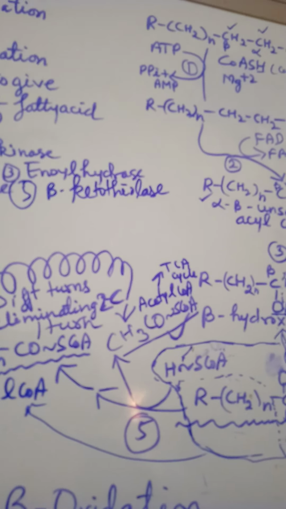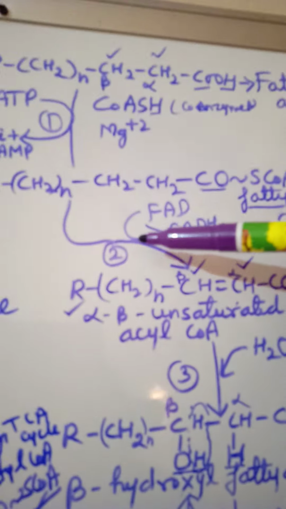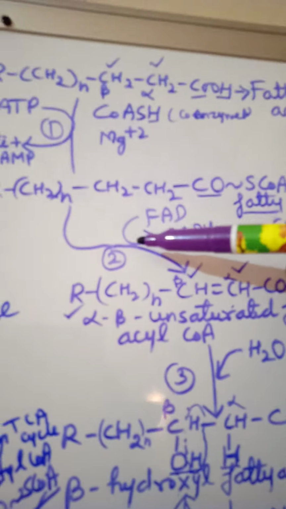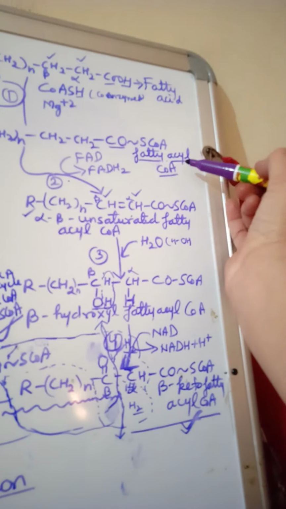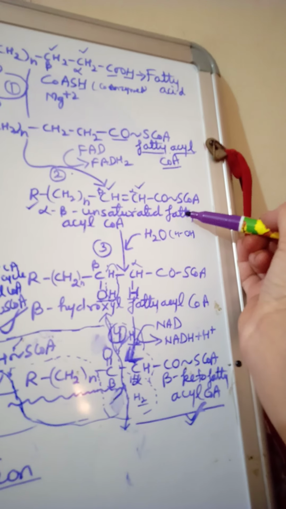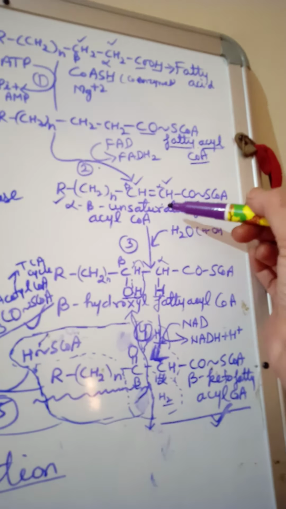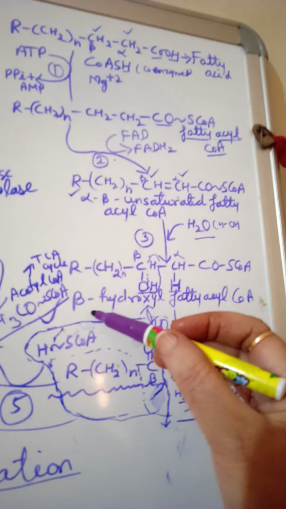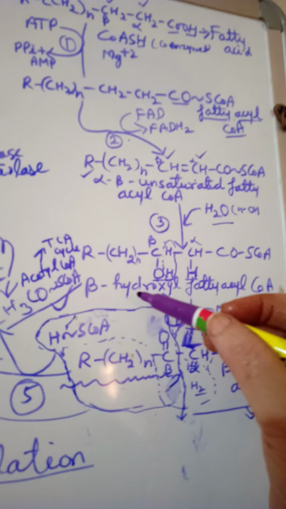So during beta oxidation we have 5 major steps: activation, the first step; second, dehydrogenation, converting the fatty acid into fatty acyl coenzyme A, and then fatty acyl coenzyme A into alpha beta unsaturated fatty acyl coenzyme A after the second step, and this alpha beta unsaturated fatty acyl coenzyme A, after the event of hydration, is converted into beta hydroxyl fatty acyl coenzyme A.